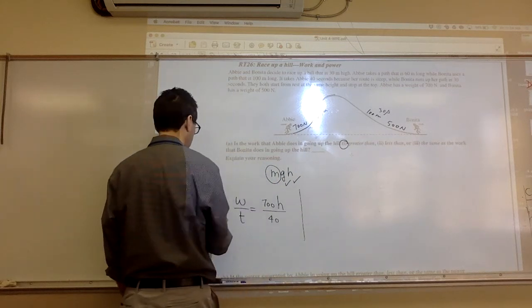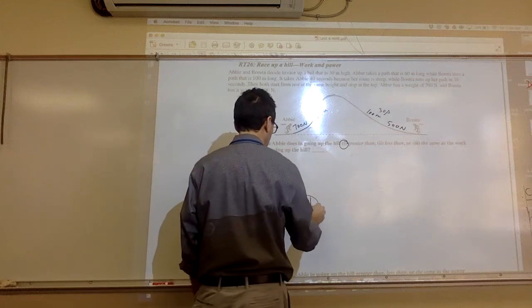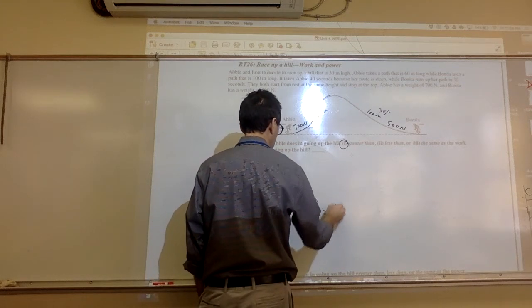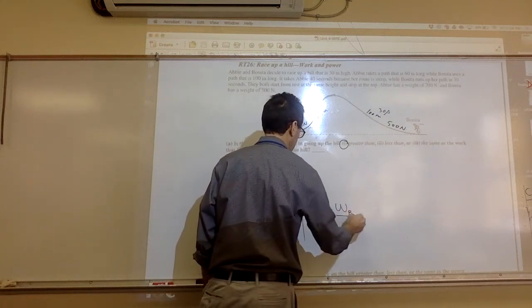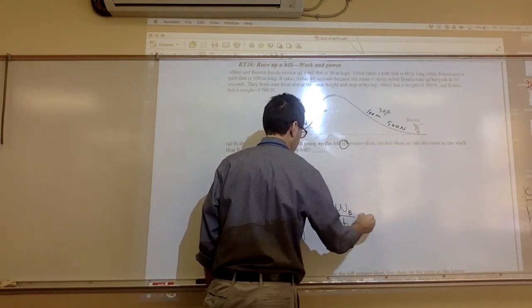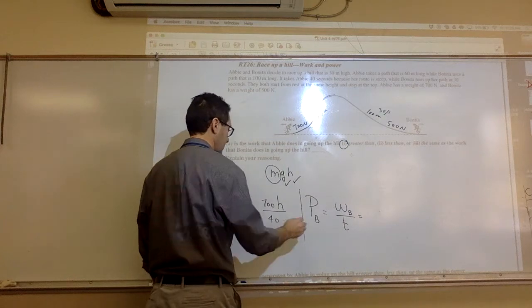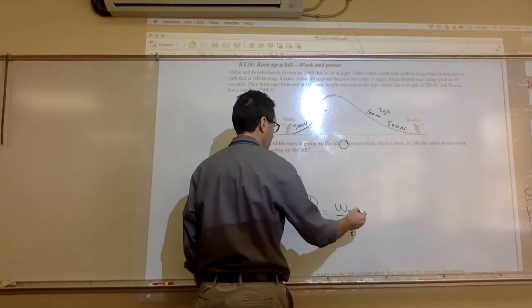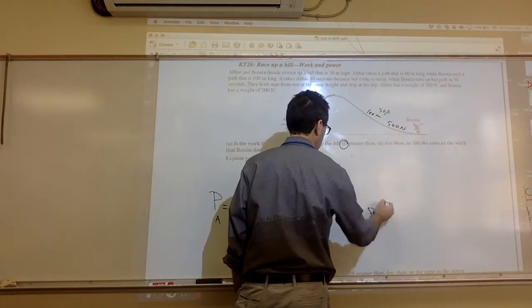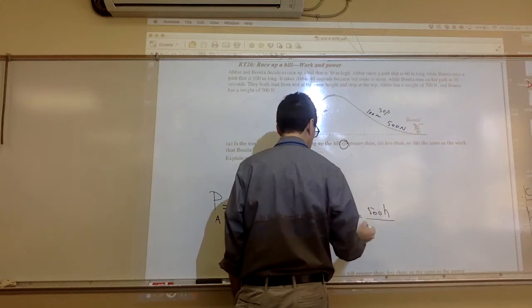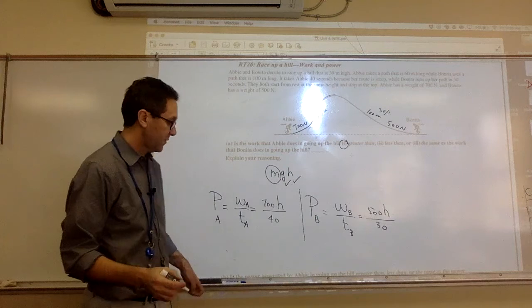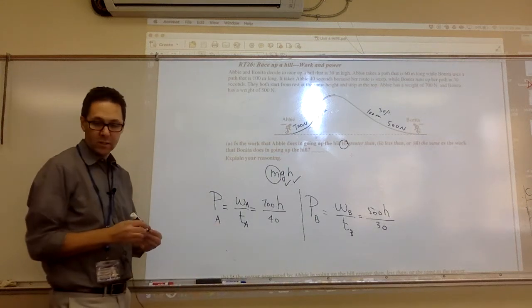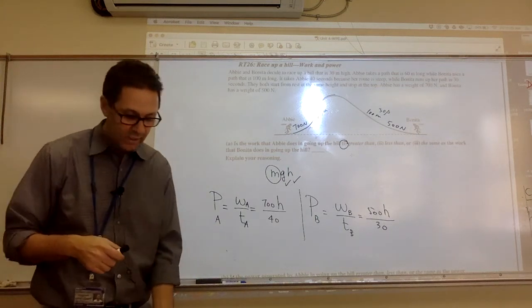So this is Abby. The power for Bonita is going to be the work done by Bonita divided by the time it takes her. Well, her work is 500 times h, it's mgh in other words, divided by 30. And if you compare these two, you're going to find that the left expression is bigger. So the answer is greater than.